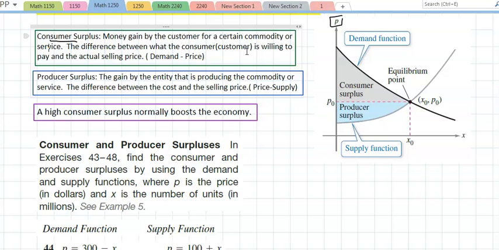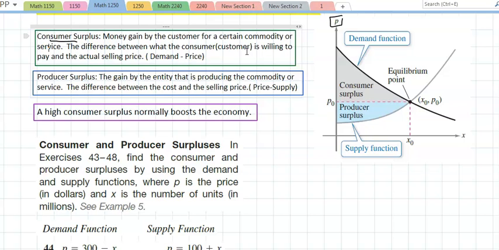If they come out and say, we're going to sell it right now for $1,500, well, most likely I'm not going to buy it. Few people will buy it regardless. In this case, the consumer surplus is negative, meaning they're not going to buy it. The price is a lot higher than they're willing to pay.